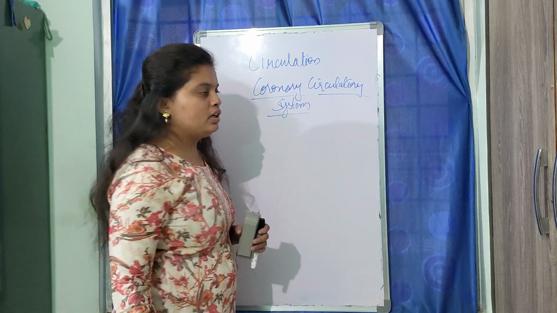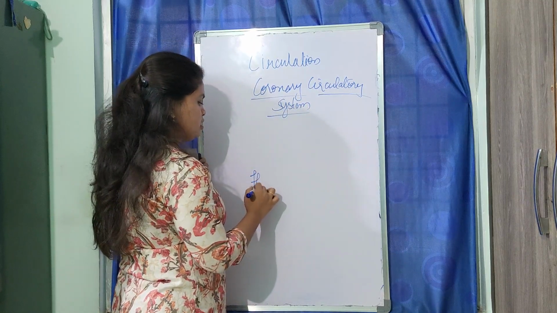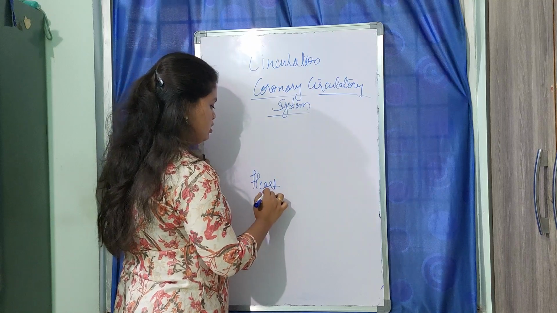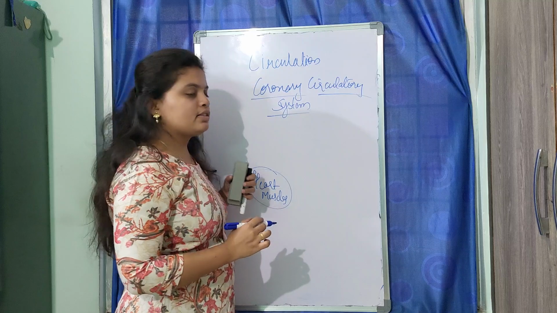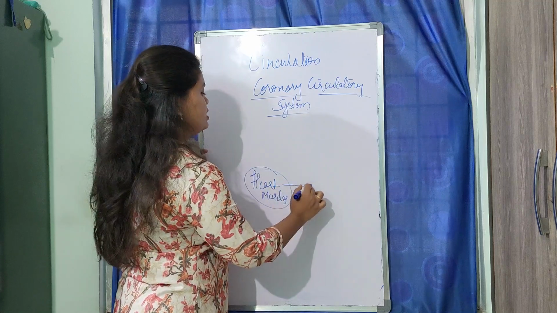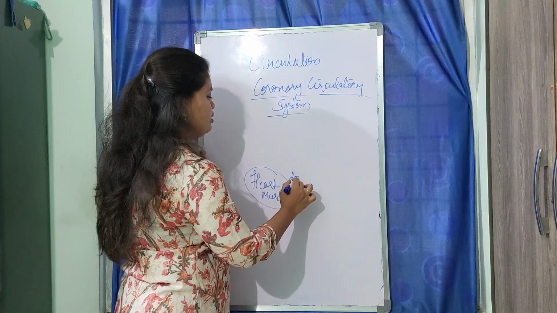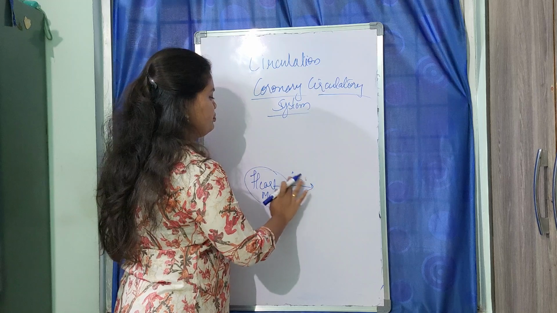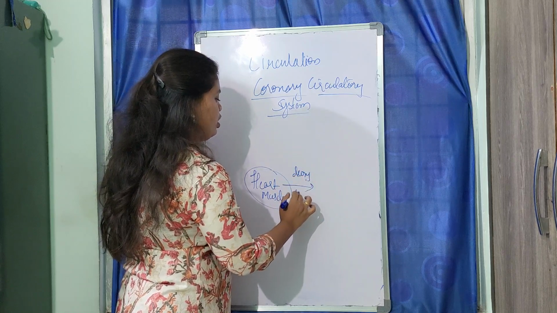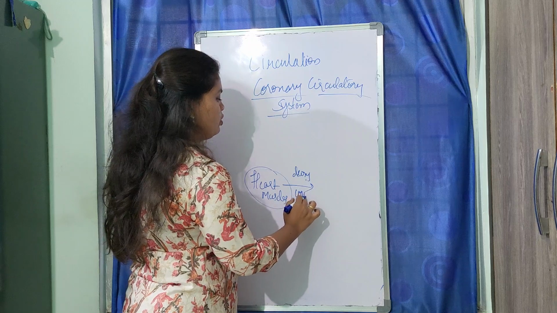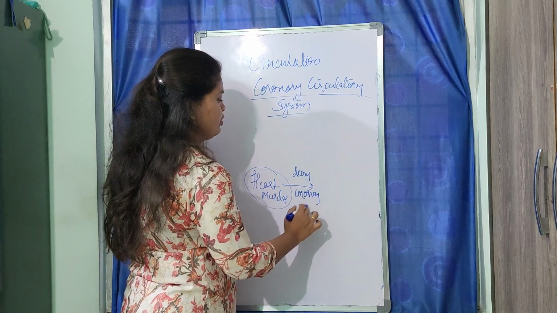So what happens here? These heart muscles, after using the blood that is sent to them, send this deoxygenated blood via a special vein called the coronary vein.